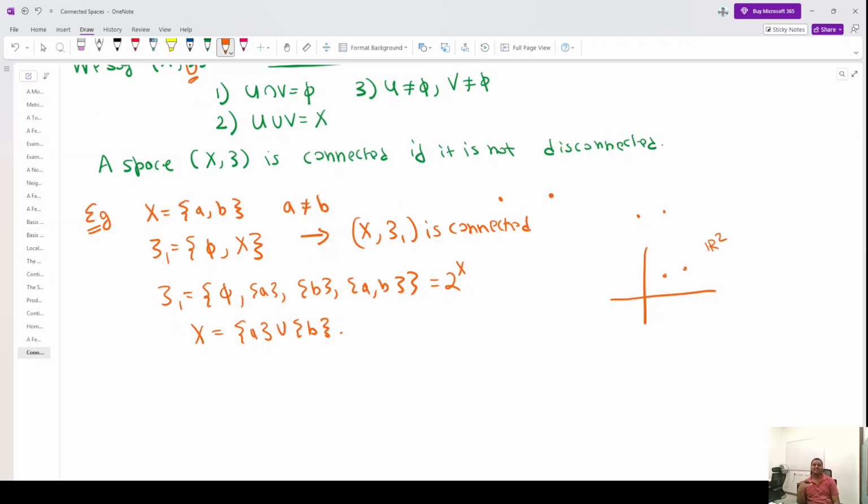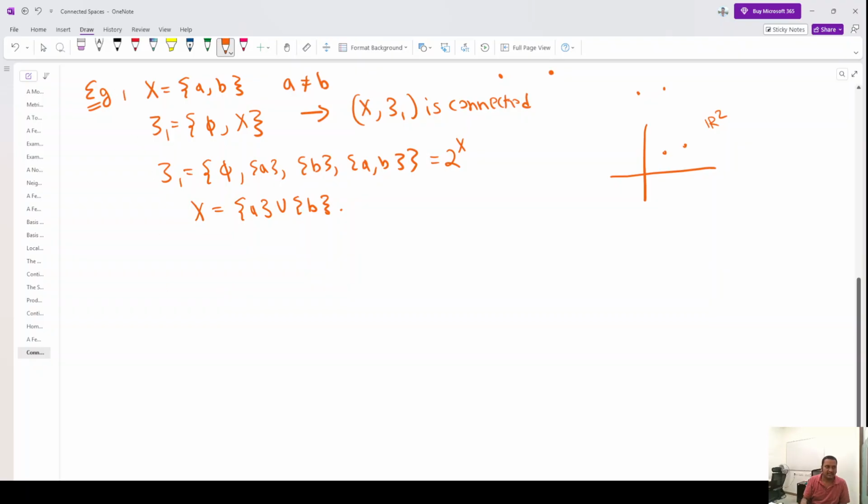In nature, if I just draw a plane and ask about these 2 points, then students who don't know topology will say, yeah, this is disconnected. But inside their mind, they don't know it, but actually what they are doing is taking the subspace topology of R2 on that particular set of 2 points. That turns out to be the discrete topology. So I hope you got my point.